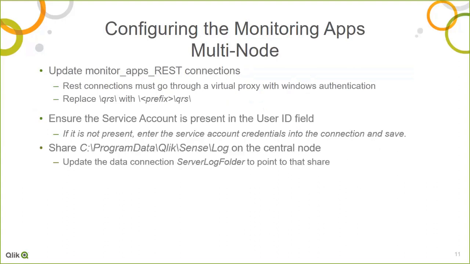And you need to share your program data folder, the log folder rather, for the central node, and update that data connection. And this is actually very important because otherwise it will technically reload, but you're going to start seeing weird inconsistencies in your data depending on where the monitoring apps reload.